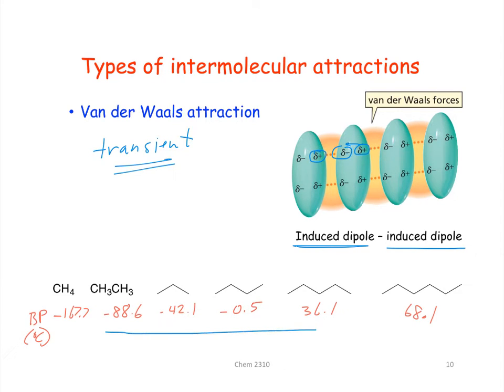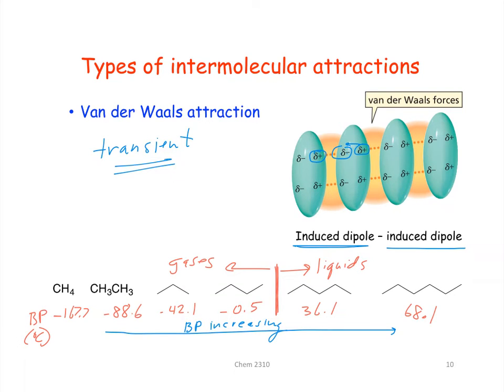So the boiling point is increasing. All right? And we might notice that there's an important cutoff here, right here. On this side at room temperature, these would be liquids, and down below it, these would be gases.